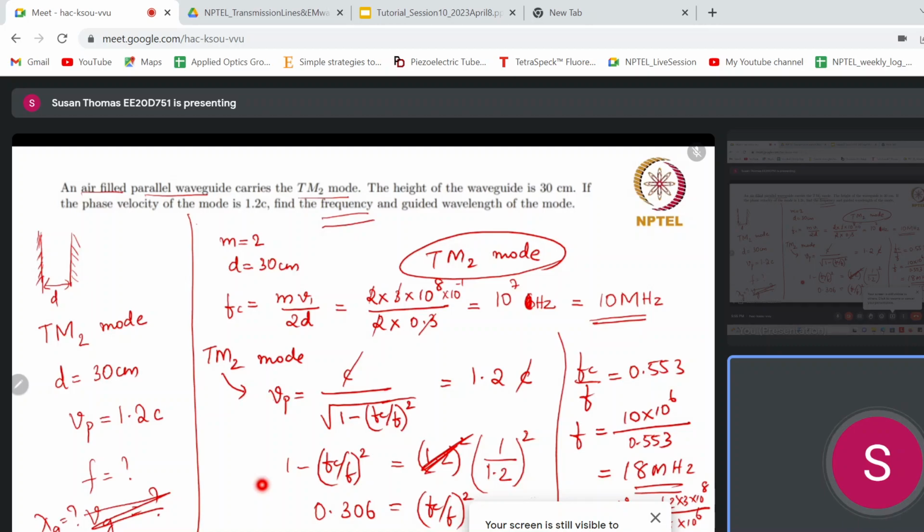If you simplify this, you get 1.2 into 3 divided by 18, into 100. So that is your 20. So 20 is your guided wavelength.